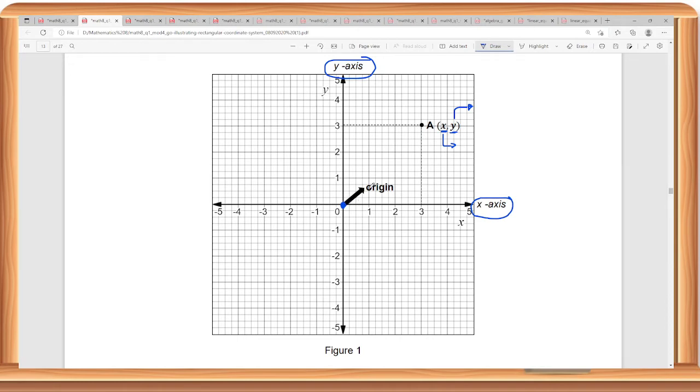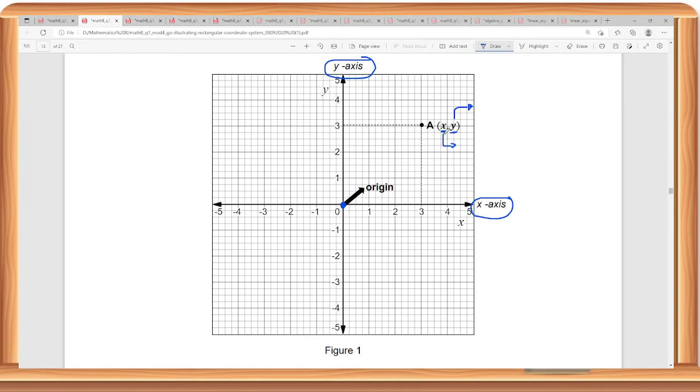Therefore, at the origin, the point on the x-axis is 0, and the point on the y-axis is 0. So that is the origin. Now, the location of the points in the plane is described or written as paired numbers.